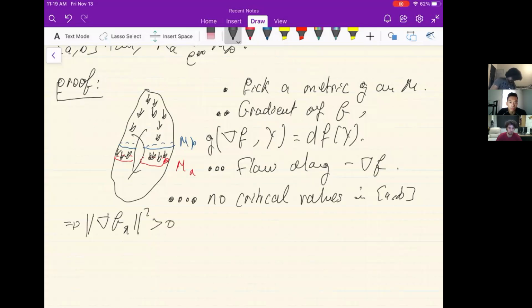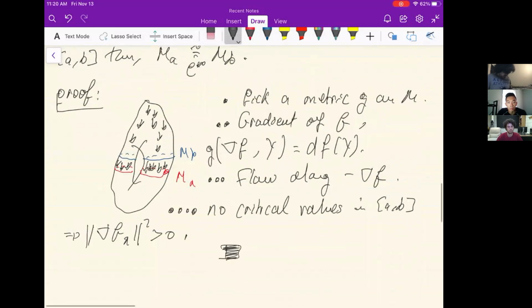This means that between the blue region and red region of these circles, my vector field is non-zero, and then I can find the desired diffeomorphism. I'll say that's a sketch, but there's one last point to take care of, which is normalization. You have to show that M_B will end in M_A.